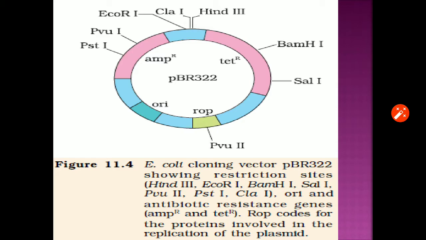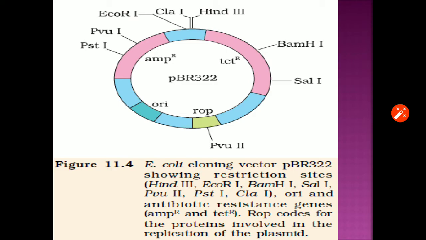Now some of the vectors will get cleaved at BamHI site, so tetracycline resistive gene will get inserted there, and others at the PvuI site. Now the ampicillin resistive gene will get inserted.